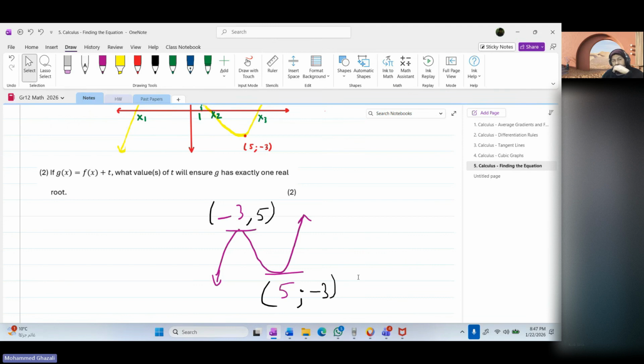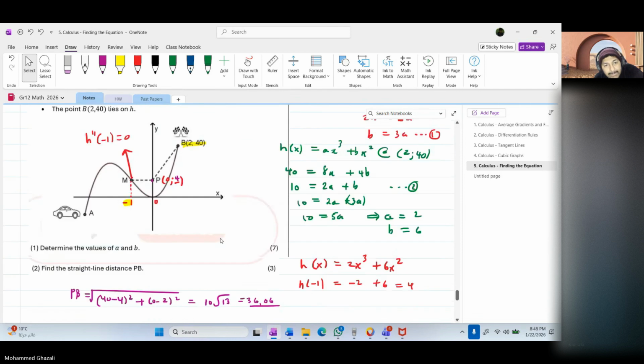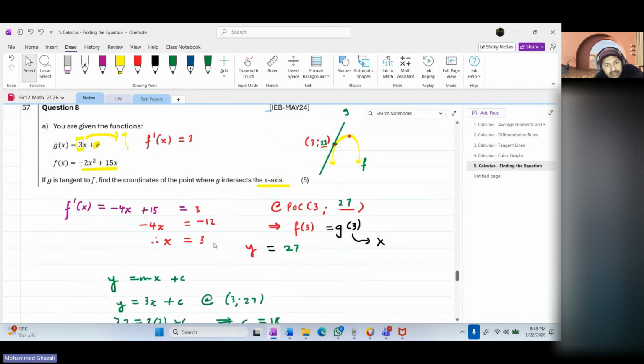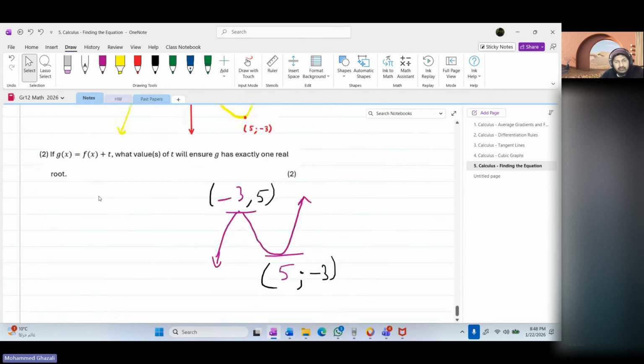Why did they say f of x plus t? They didn't have g of x before this, right? No, that's a separate question.